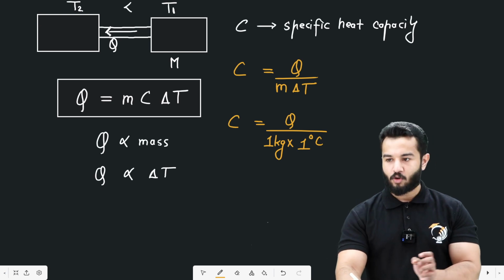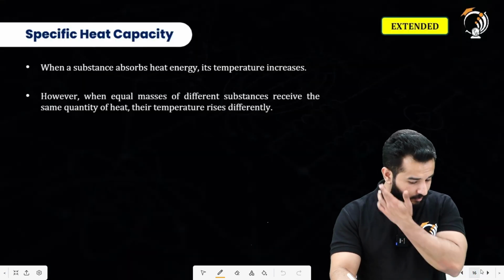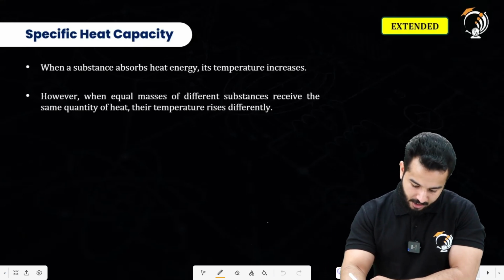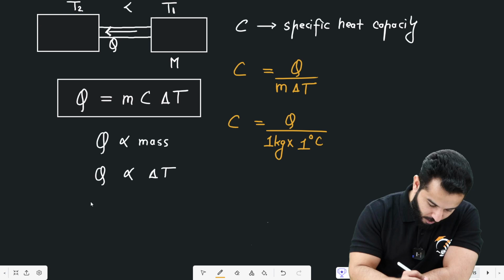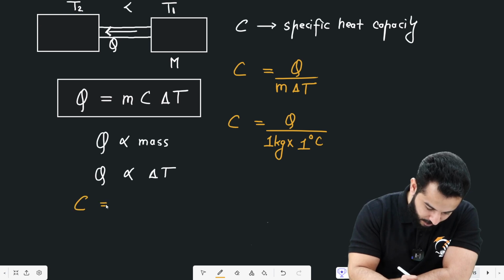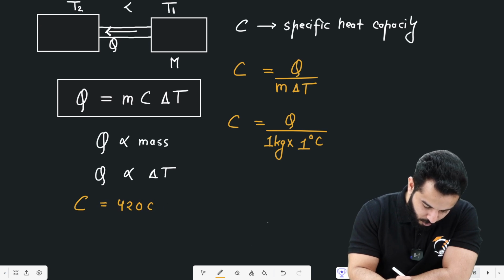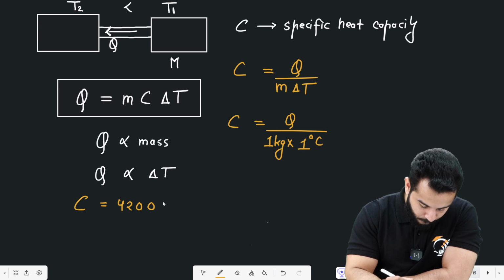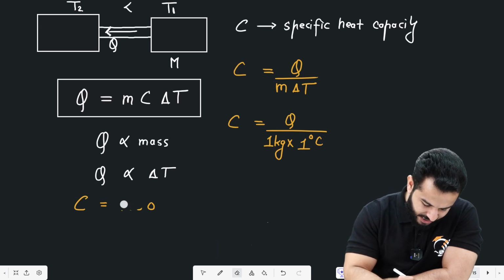Let's suppose that we have got two materials. One has got a specific heat capacity of, let's consider water, I think it has 4200. Okay, let's just select any other material.